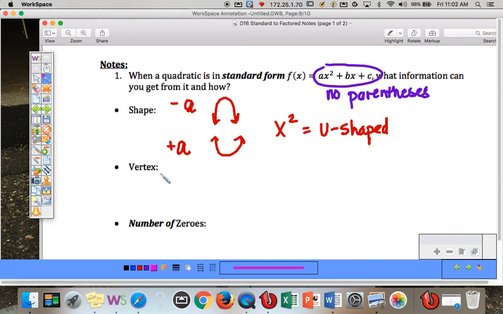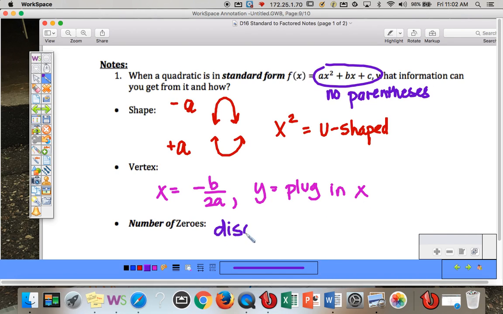You should also be able to find the vertex. The x value is opposite B over 2A. And then for y you're going to plug in and solve. You should be able to tell the number of zeros by looking at the discriminant. The discriminant is b squared minus 4ac.